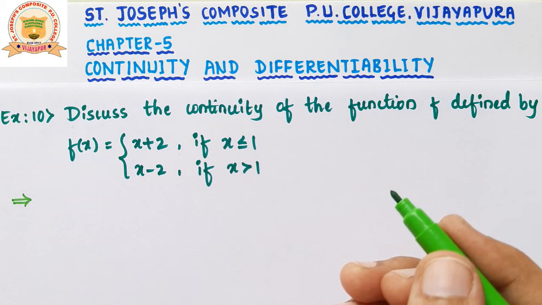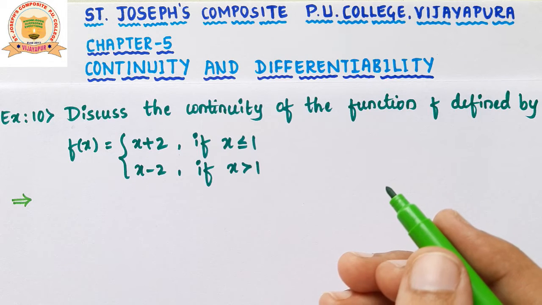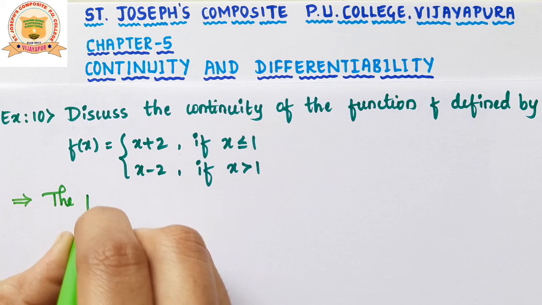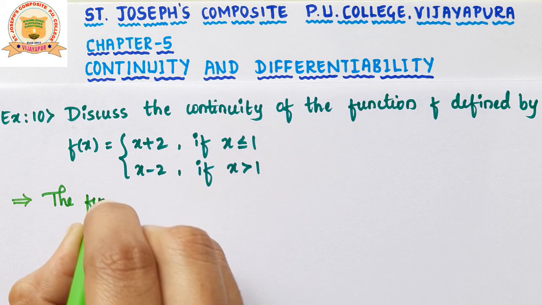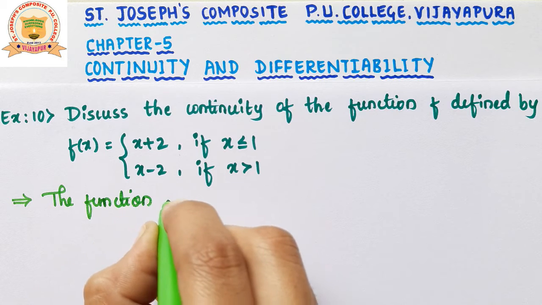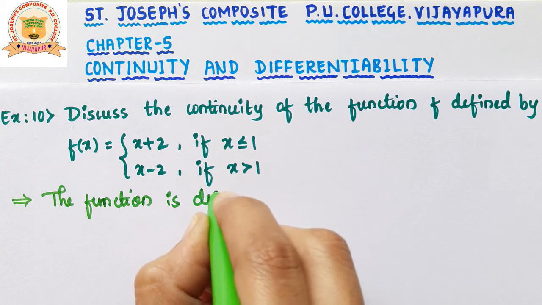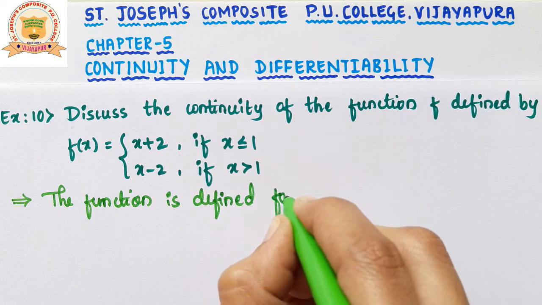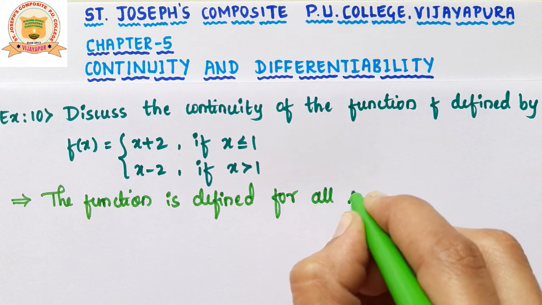Therefore, we have 3 cases in this example. First we have to write the function is defined for all real numbers.